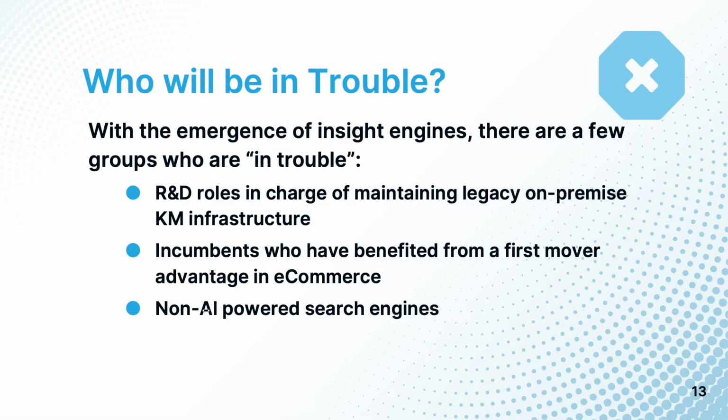With the emergence of insight engines, there are two groups who are in trouble. Firstly, traditional R&D employees who are responsible for maintaining infrastructure. With insight engines, machine learning learns from actual user behavior and search results to understand what users were searching for, where they were struggling to find answers, and what ultimately led to a successful outcome.